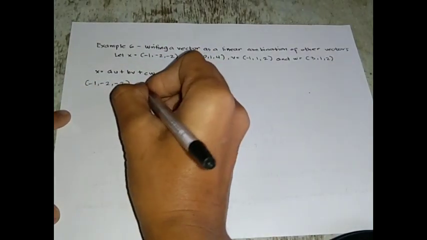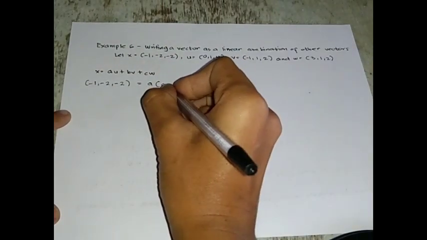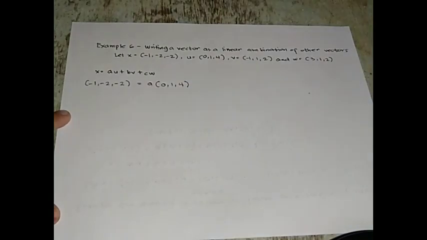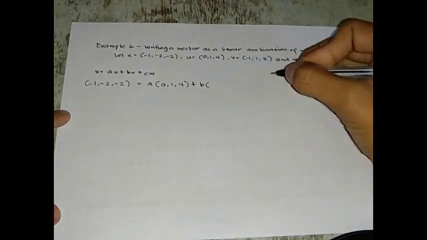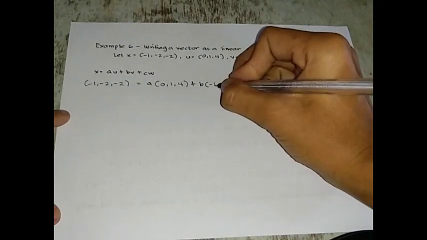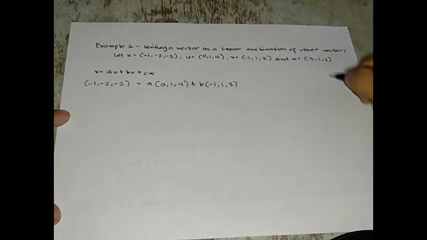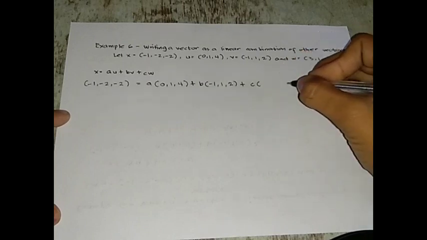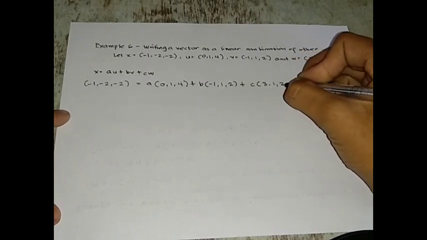It is equal to A times the value of U, 0, 1, and 4, plus B times the value of V, which is negative 1, 1, and 2, plus C times the value of W, which is 3, 1, and 2.